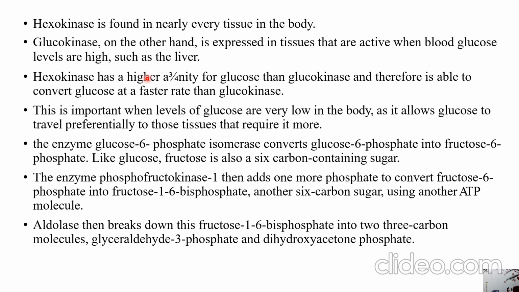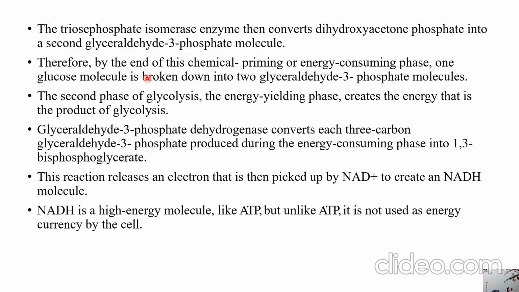Aldolase then breaks down this fructose 1,6-bisphosphate into two 3-carbon molecules, glyceraldehyde 3-phosphate and dihydroxyacetone phosphate. Now the triose phosphate isomerase enzyme then converts dihydroxyacetone phosphate into a second glyceraldehyde 3-phosphate molecule.